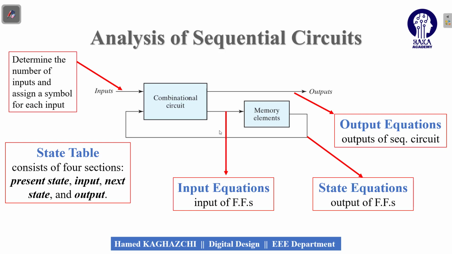One is present state, another is input, next state, and output. And I will explain in detail how we can draw this state table using the input equation, state equation, and also output equation. It means that after finding these equations, we have to draw this state table.